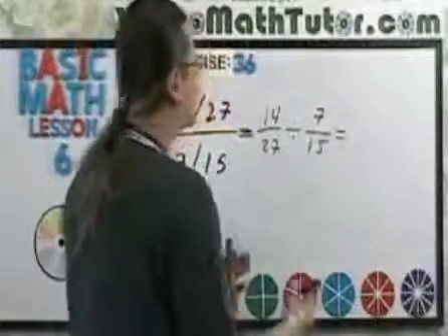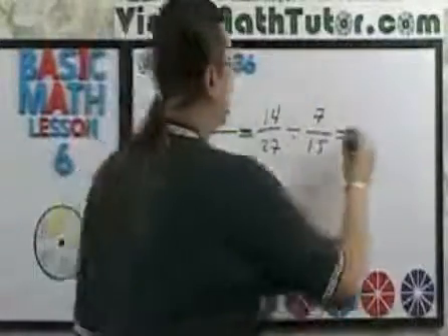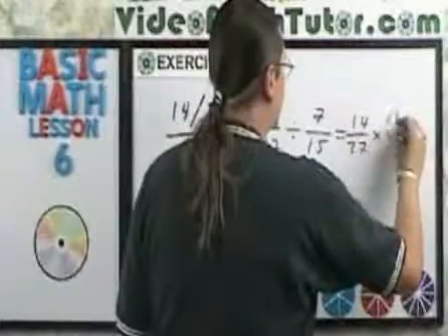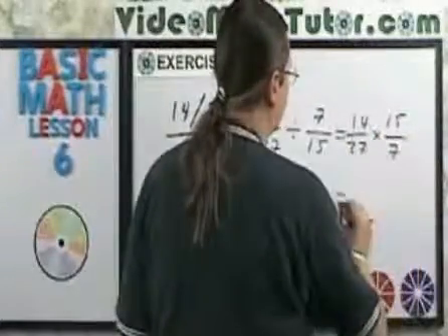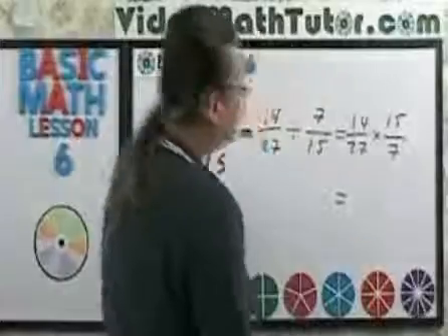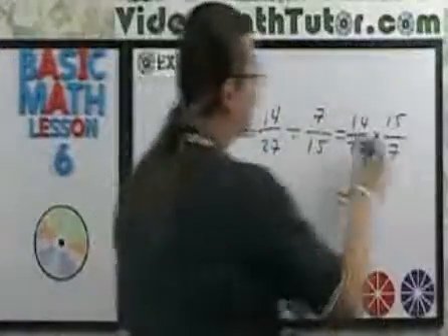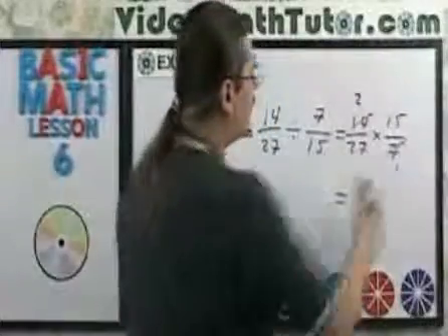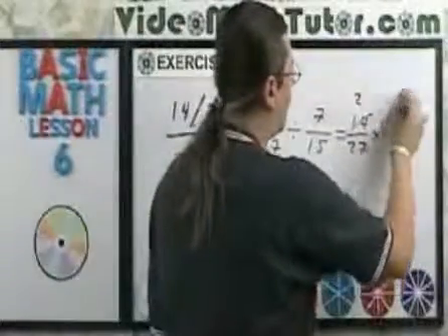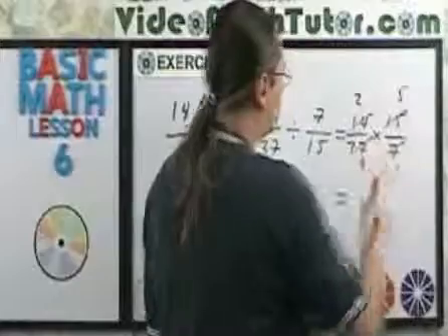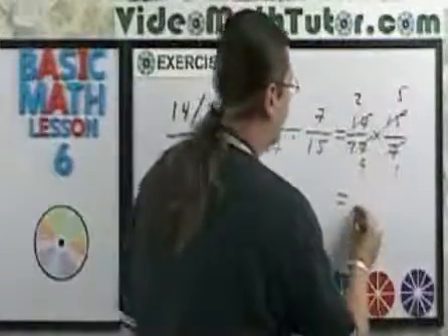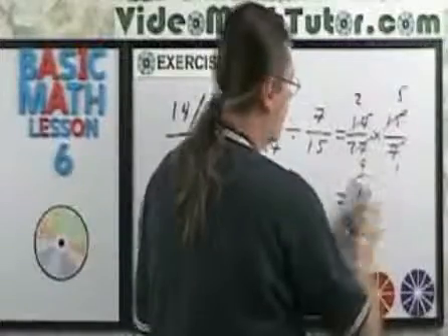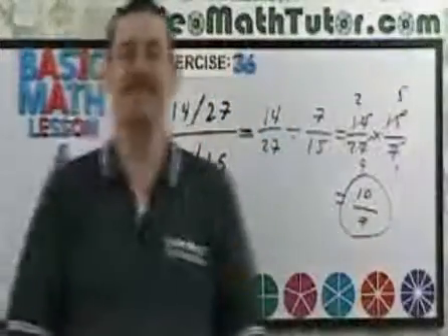And we need to invert and multiply. 14 27ths times 15 sevenths equals. Well, what can we cancel from this? Well, the 7 and the 14, we can zap some stuff out. Hey, there's a 3 in here. So then we put that together, and we're going to get 2 times 5 is 10, 9 times 1 is 9. And we're done.